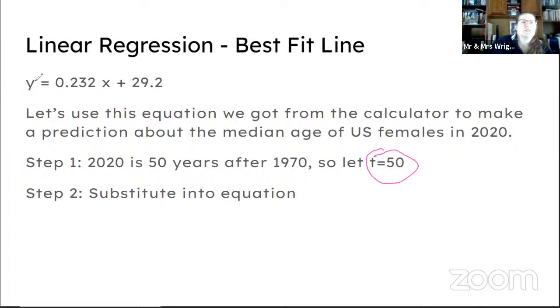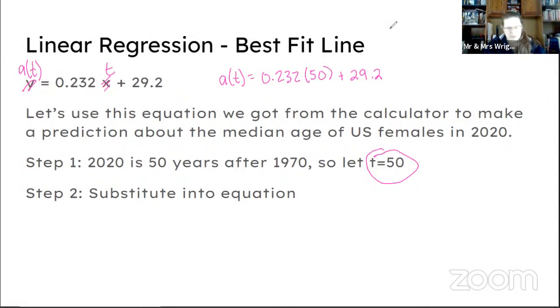Because remember, this isn't really y. I know that's what our calculator told us. This is A of t. And this right here is t. Okay, so when we input t, we're going to input it here into this t slot. So that's what our step 2 is, substitute into the equation. So we're going to put A of t is 0.232 times 50 plus 29.2.